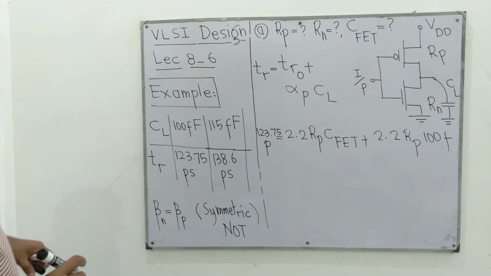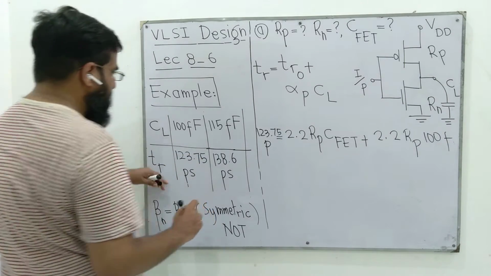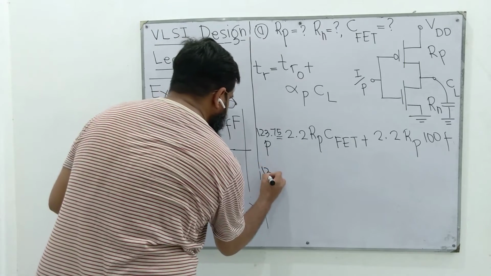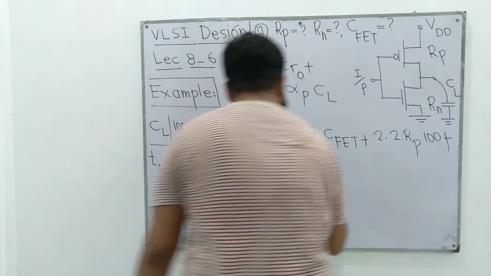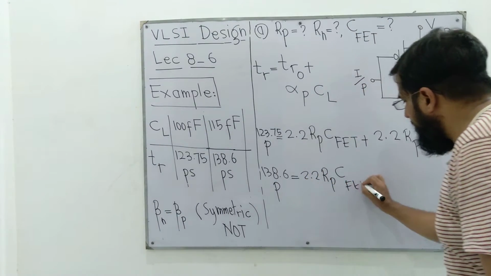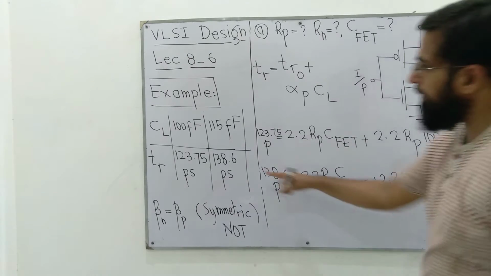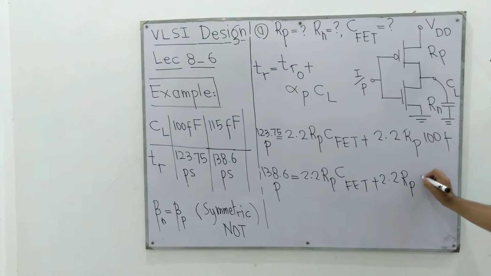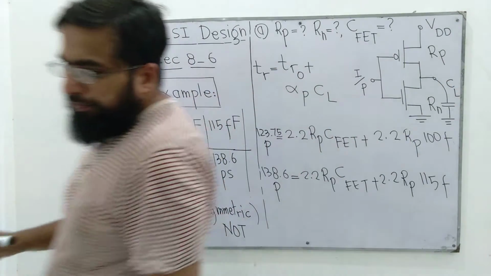In the same equation, if we put 138.6 picosecond as TR, this gives us 2.2 Rp CFET plus 2.2 Rp times this CL. So for this CL we have this delay, and for this CL we have this delay.